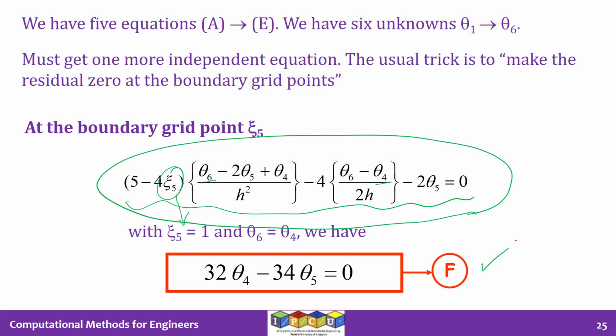So we can always say we have equations A, B, C, D, and F, the 5 equations in terms of the 5 symbols. Equation F has incorporated the idea that theta 6 equals theta 4. So we do not have to determine theta 6. All right.